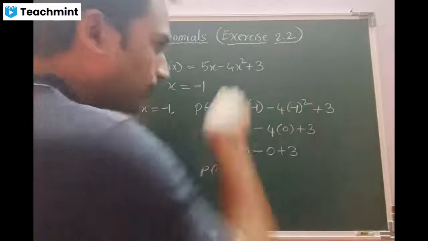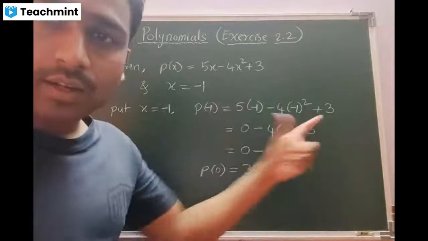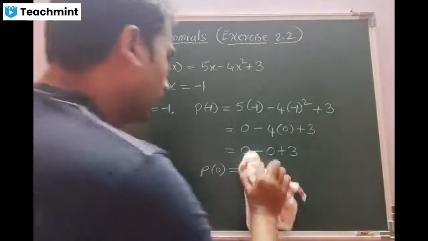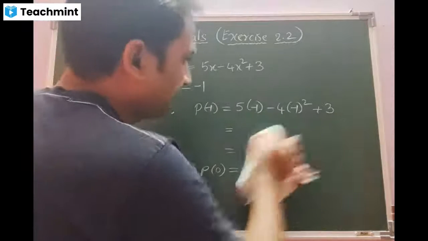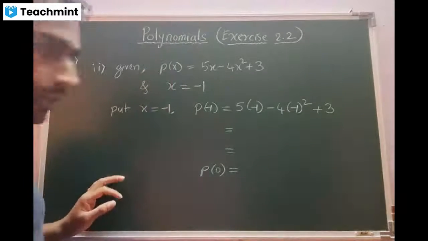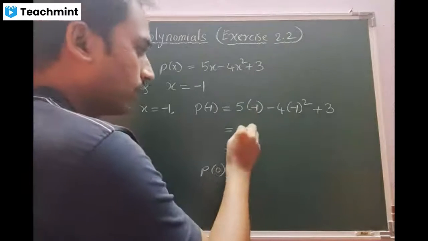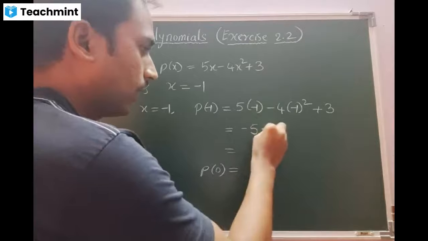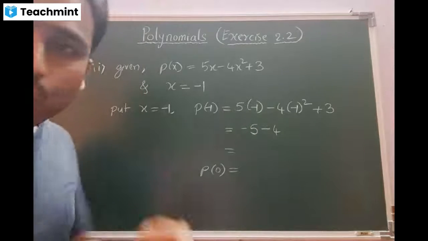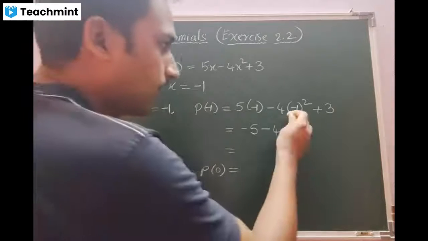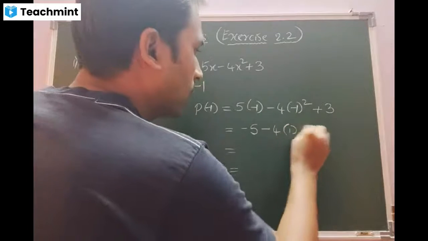All of you solve it and tell me the final answer. Quick. Try it. Sir, 2 is the answer. Let us see. 5 into minus 1 is minus 5, because plus into minus is minus, 5 into 1 is 5. Minus 4 as it is. Look at the square of minus 1. Minus into minus becomes plus, 1 squared is 1 only.